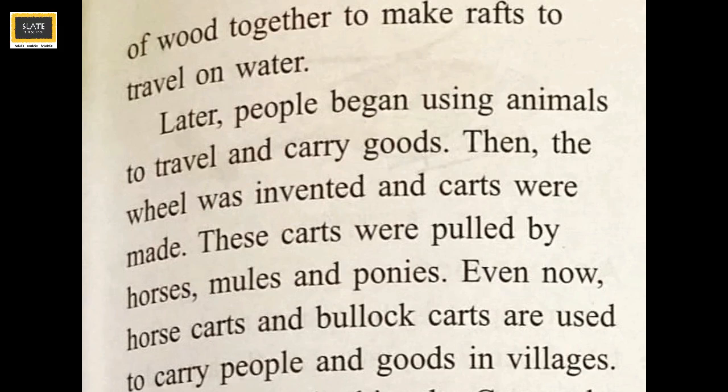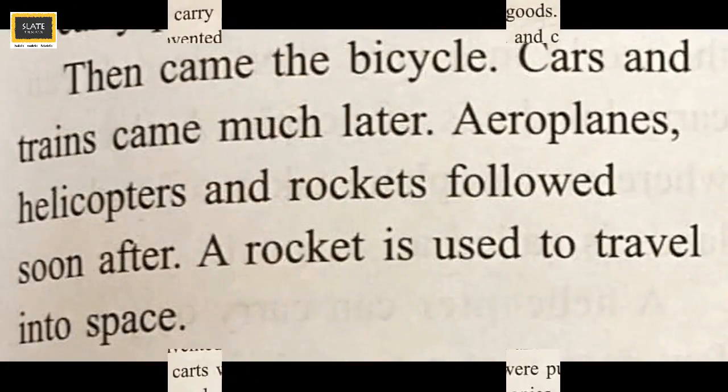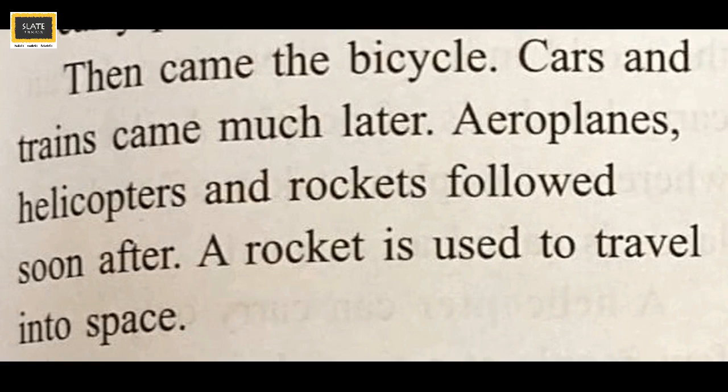Even now, horse carts and bullock carts are used to carry people and goods in villages. Then came the bicycle. Cars and trains came much later. Aeroplanes, helicopters and rockets followed soon after. A rocket is used to travel into space.